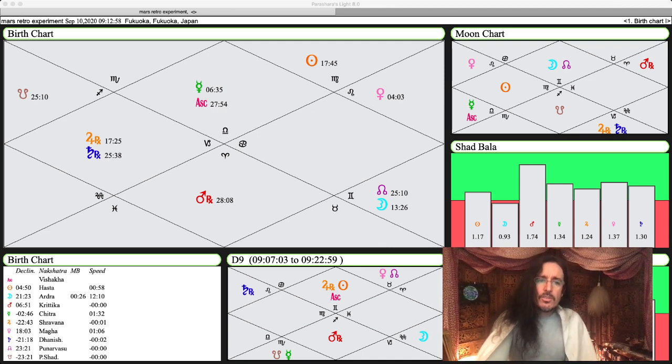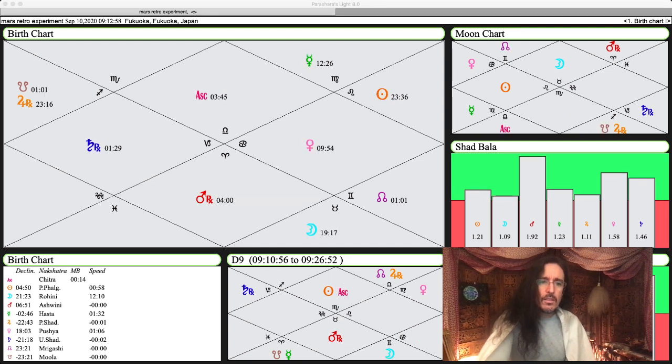And the nakshatra, which is the key thing, so again I just need to manually swap this software. The nakshatra is Ashwini.